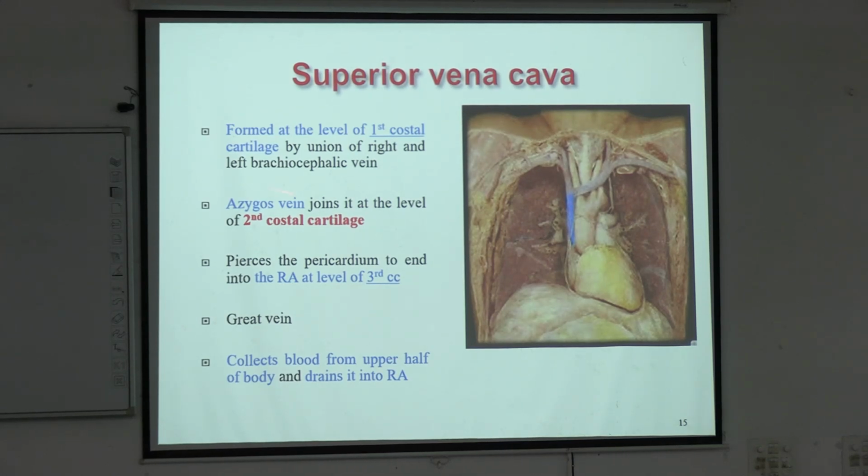We will be seeing this azygous vein draining into the superior vena cava. The superior vena cava ends at the third costal cartilage on the right side of the mediastinal space, and it drains the blood coming from the neck, arms, right side, left side, and part of the chest wall or thorax into the right atrium. So this is about the superior vena cava and how it is formed.